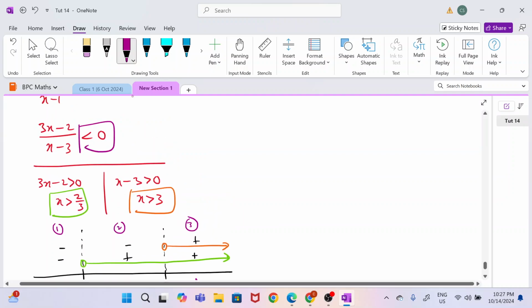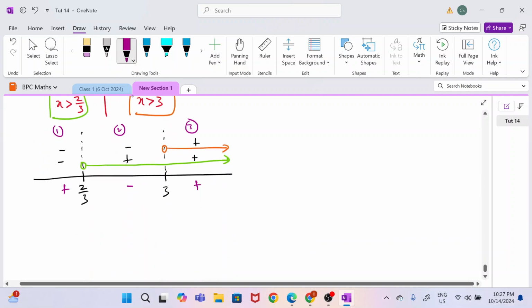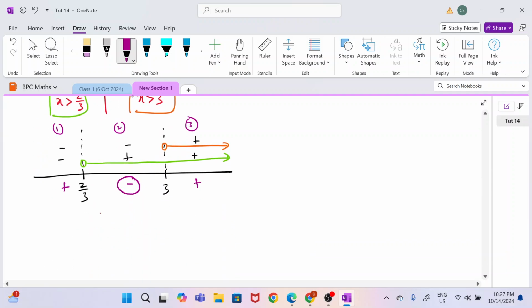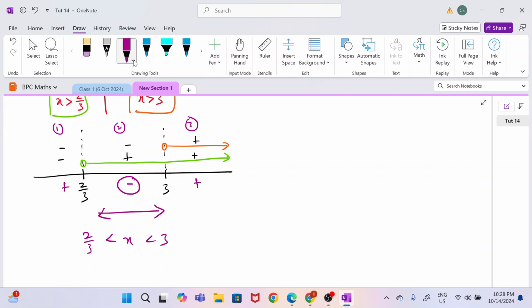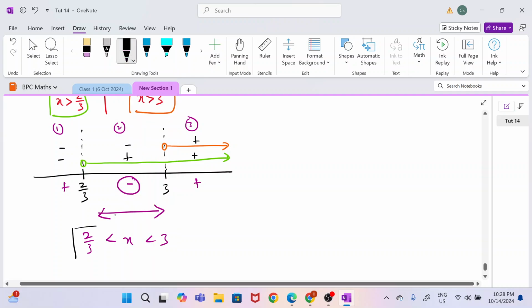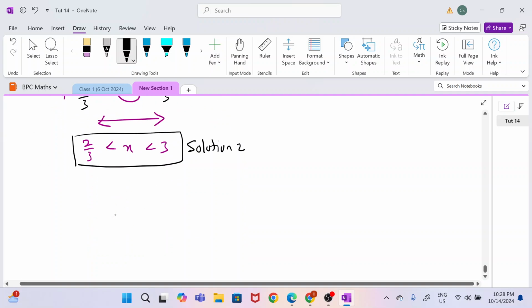Negative. This is the solution. Solution 2.